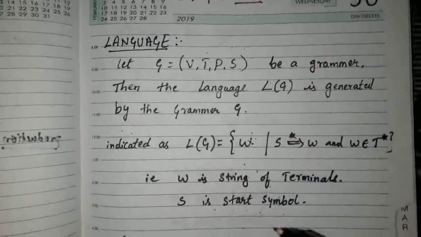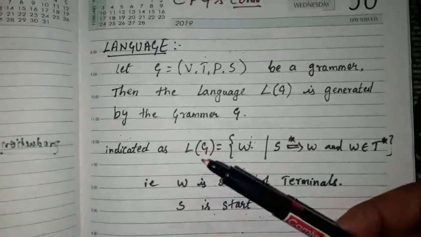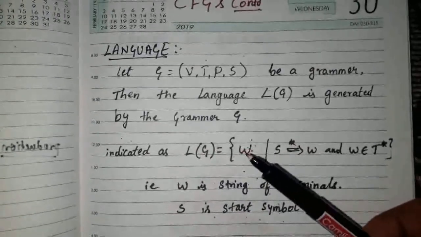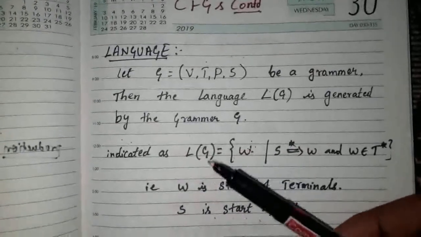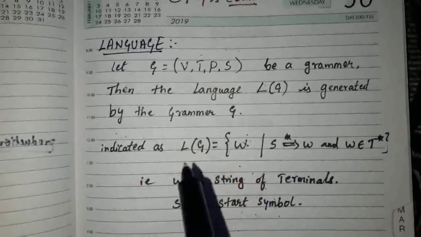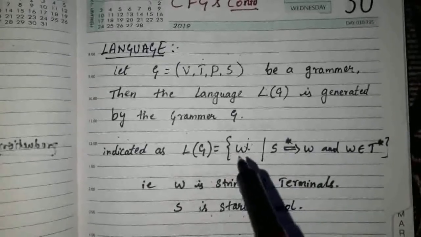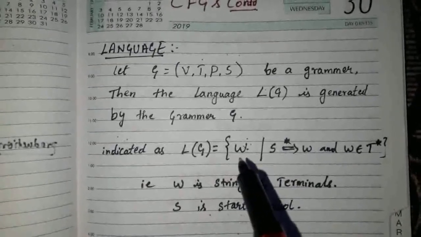Now, the language generated by the grammar is indicated as L of G, where W is the string obtained by this particular grammar. How have we obtained the string W?